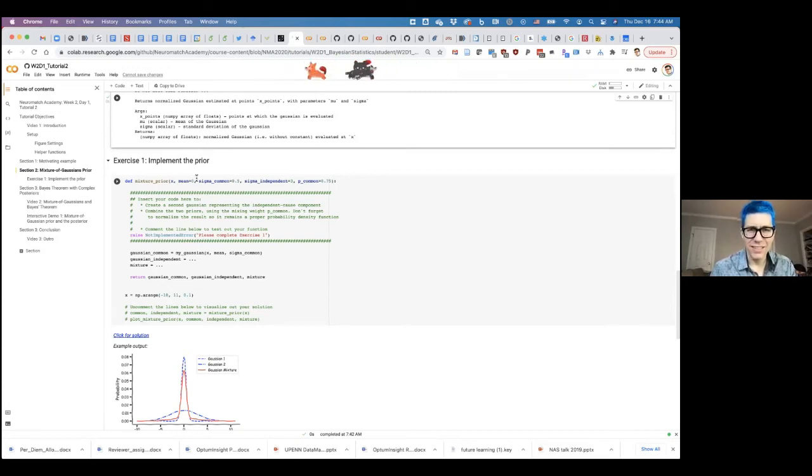Now, how should we model this mathematically? We want a mixture of Gaussians model, where one Gaussian describes what happens when they're close to one another. Here the standard deviation will be small; this is the narrow standard deviation. For the not common case, the independent case, the standard deviation will be very large. We might even want to believe that it's arbitrarily large.